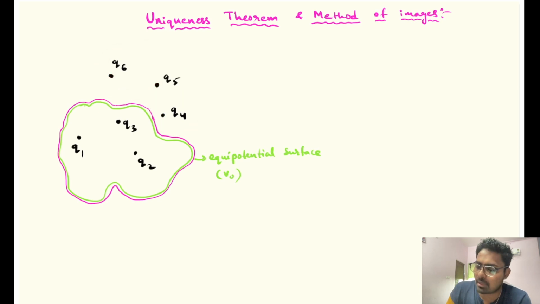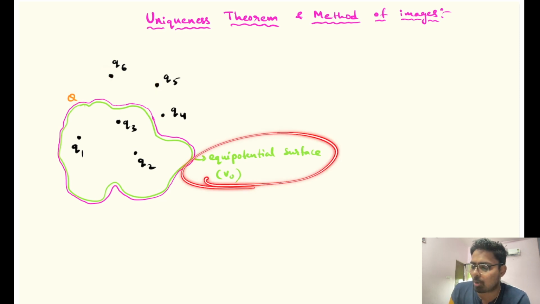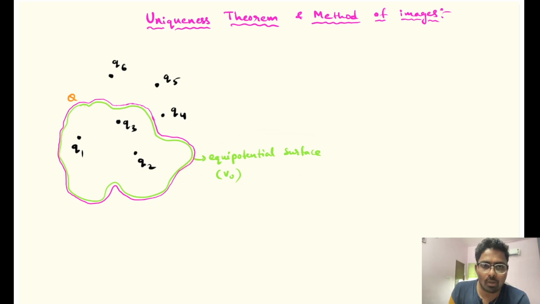So there should be some charge on this conductor. Let's say imagine there is a charge Q on the conductor, such that the potential due to this conductor of charge Q and Q1 to Q6 together must be V0. Again, try to understand this carefully.